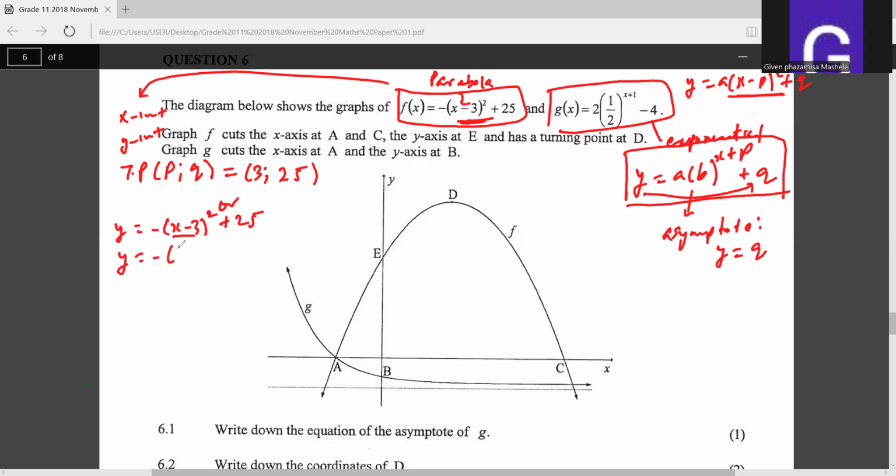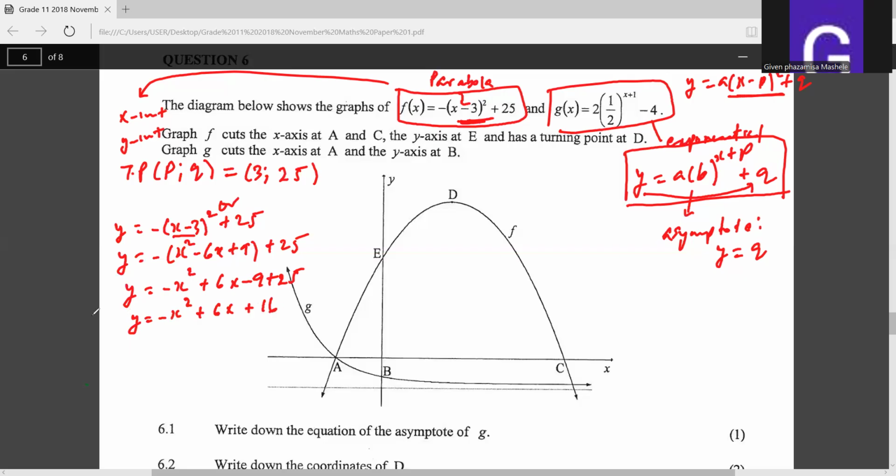If we expand this, this will be x squared minus 6x plus 9, plus 25. Then you remove the brackets by multiplying by the negative: negative x squared plus 6x minus 9 plus 25. So this will be y equals minus x squared plus 6x plus 16, if I'm not mistaken.